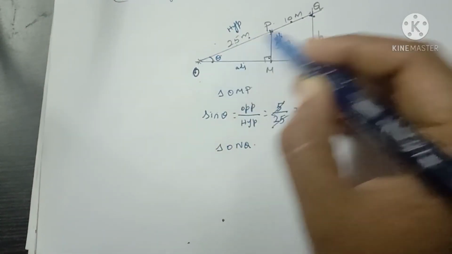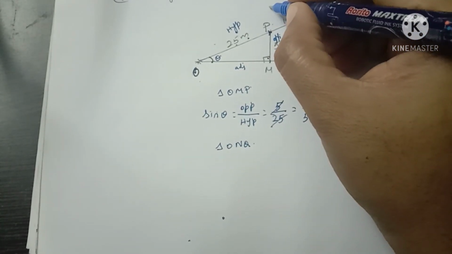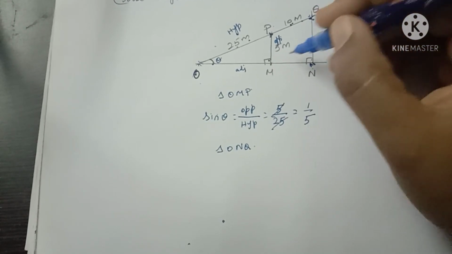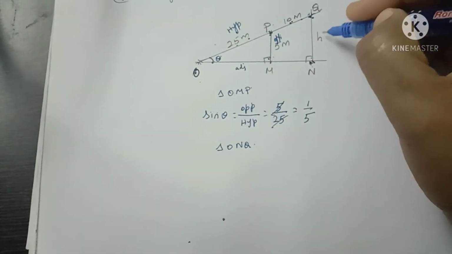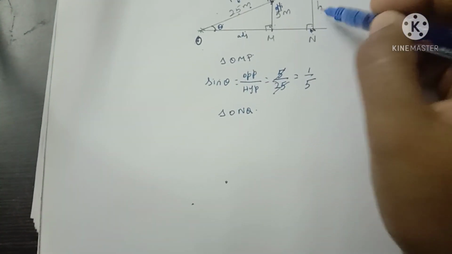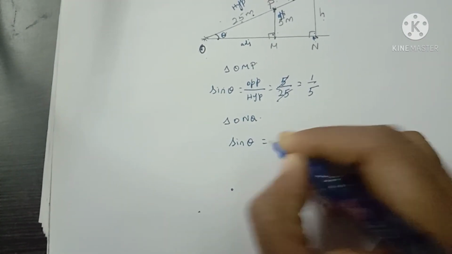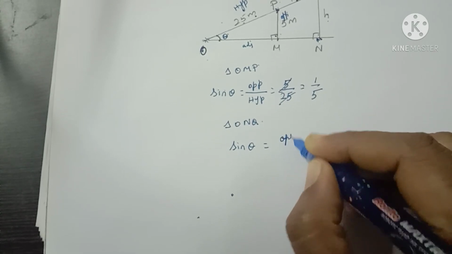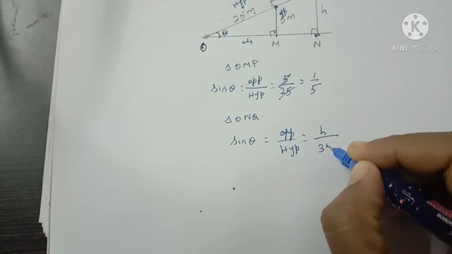The bigger triangle, 25 plus 10 is equal to 35. The value of hypo is 35 and opposite to theta is height. Therefore again we are getting sin theta is equal to opposite by hypo. Opposite is h, hypo is 35.